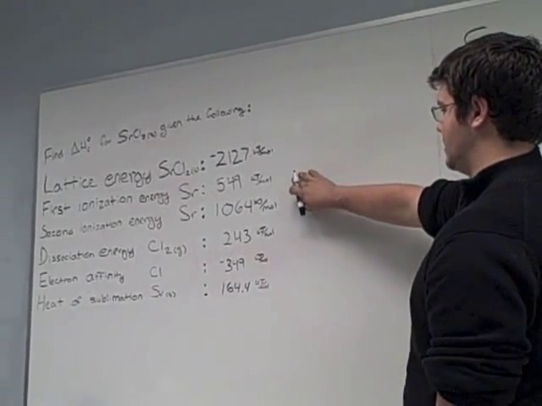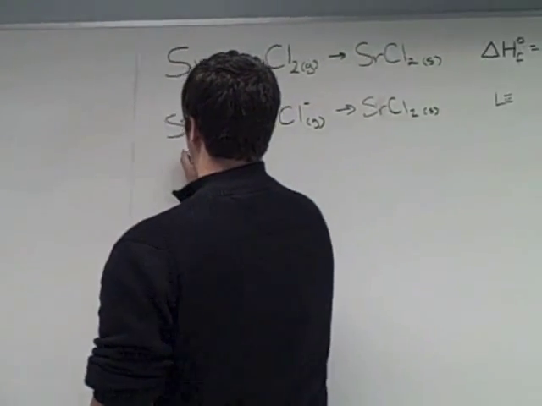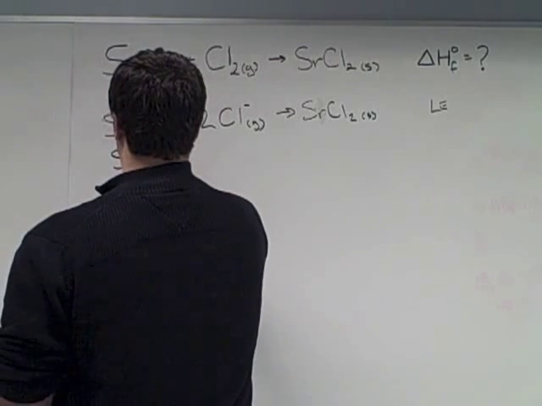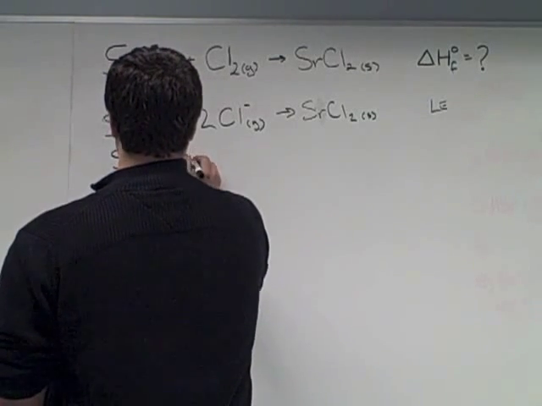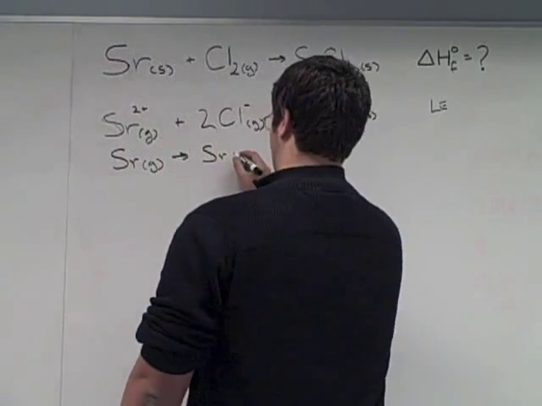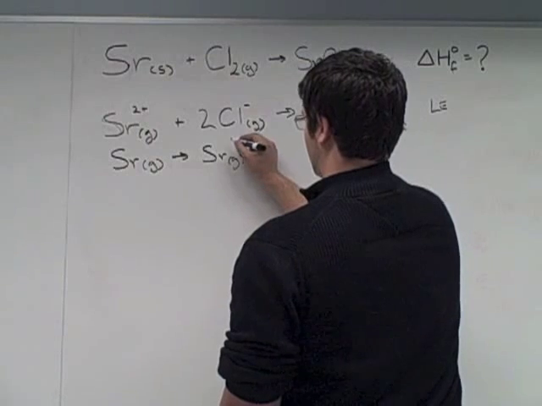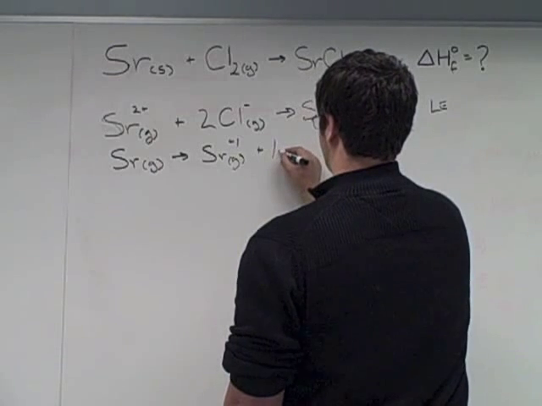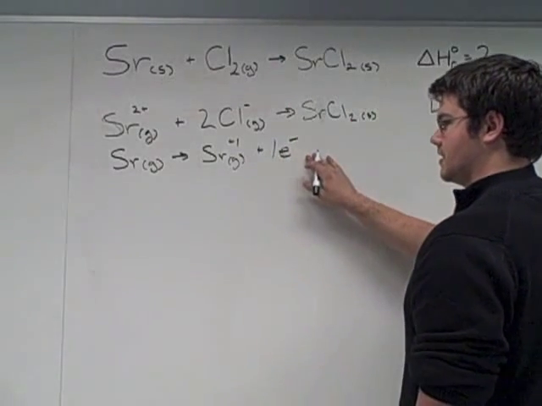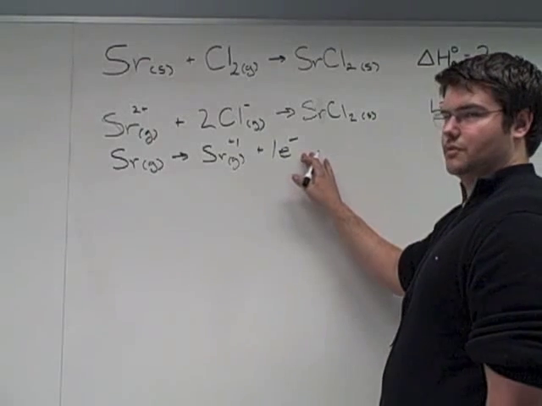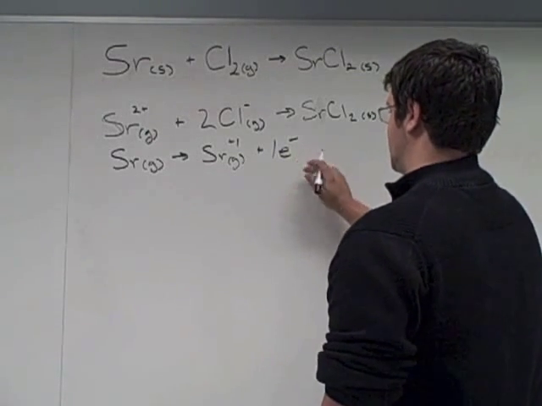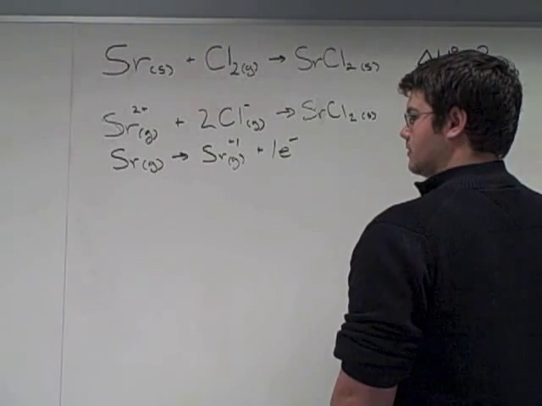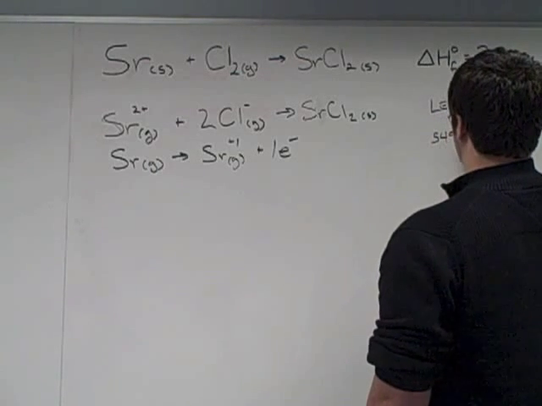So the first ionization energy for strontium is strontium gas going to strontium gas with a positive 1 charge, and we're losing 1 electron because ionization energy is the energy needed to remove 1 electron from a gaseous atom. And that's our 549 kilojoules per mole.